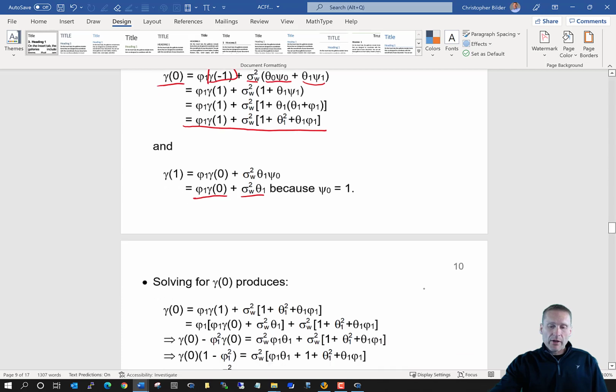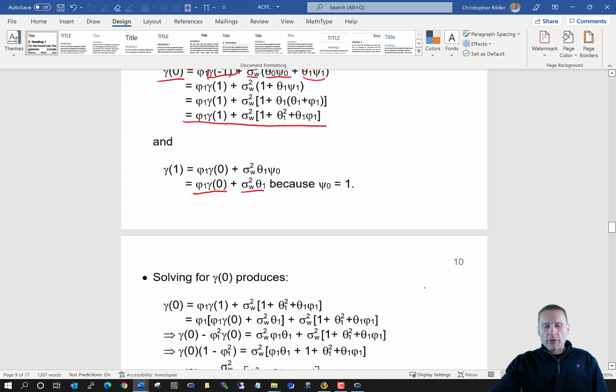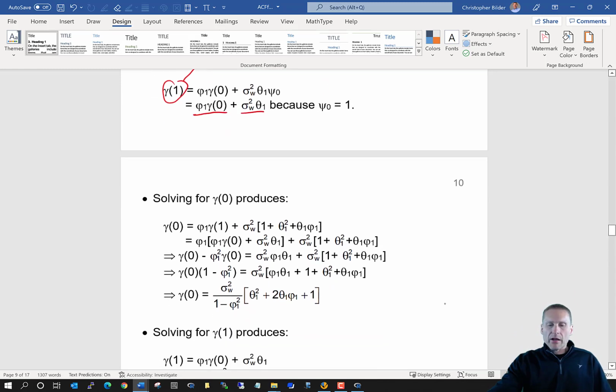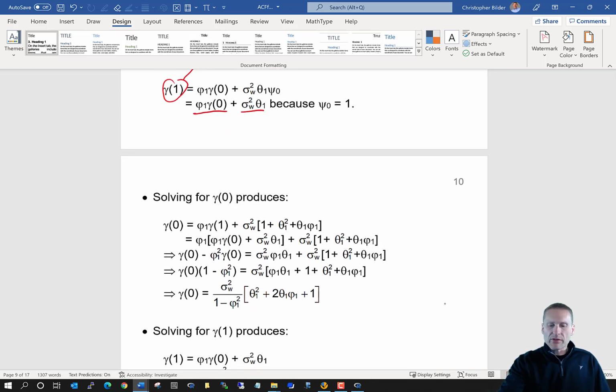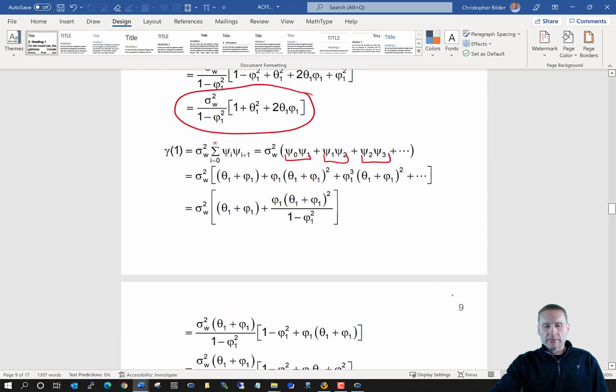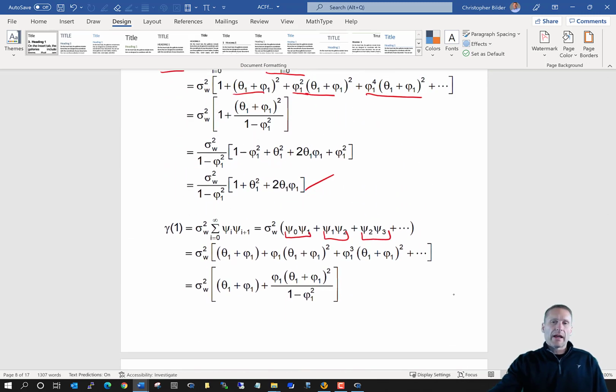So what we can do is take the gamma 0 and plug in what gamma 1 is right into there, do a little bit of simplification, and we get this result for our gamma 0, which, if I come back up, matches what we had before.